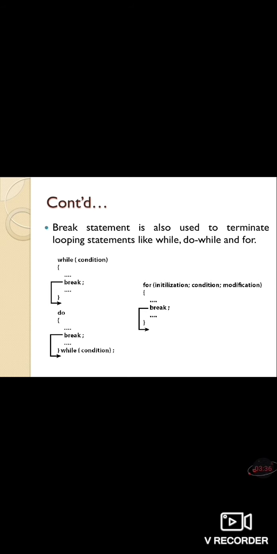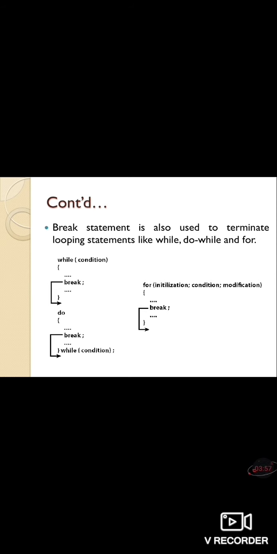The break statement execution is as shown in the following figure. The first figure shows that when the break statement is encountered, the execution flow moves out from the while block.